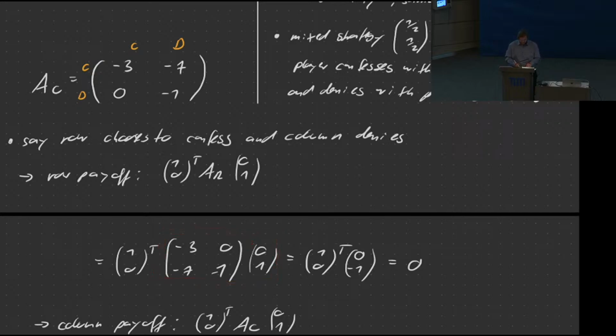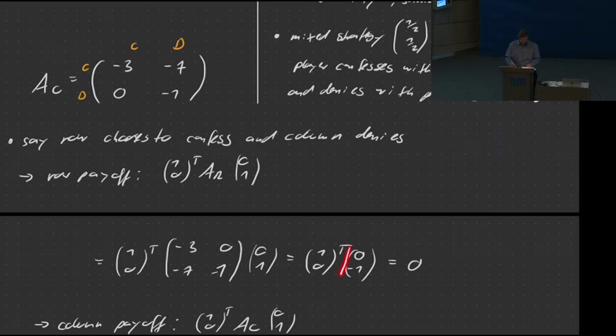The weight of 0, when you do the multiplication, will be assigned to all entries in the first column, and the weight of 1 will be assigned to all entries in the second column. So that's the expected payoff, given that the column player plays this strategy, for each of the possible strategies that row has.